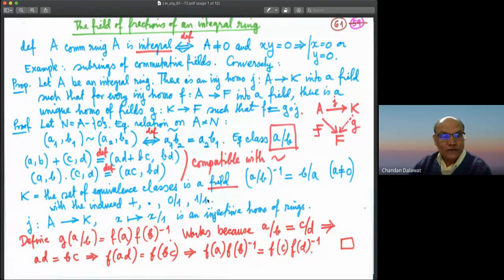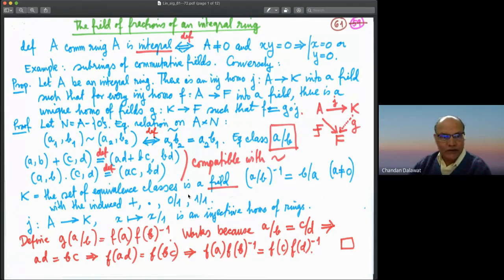So with these four things, it becomes a ring. Of course, it needs to be checked. Some small checkings need to be done. But it's a field, because if I take any non-zero element A upon B, it just means that A is not zero. Then it has an inverse. The inverse is B upon A, and I can talk of B upon A because A is not zero.